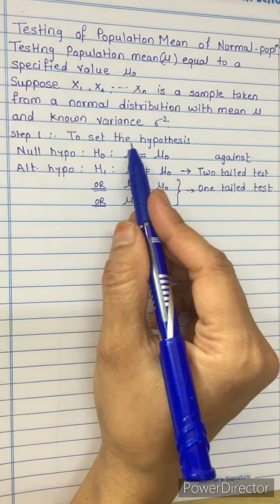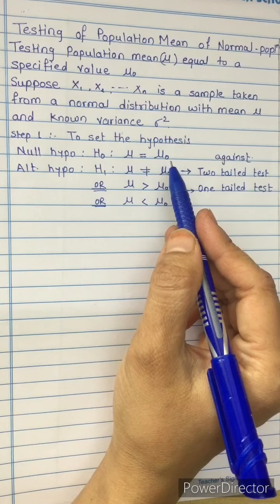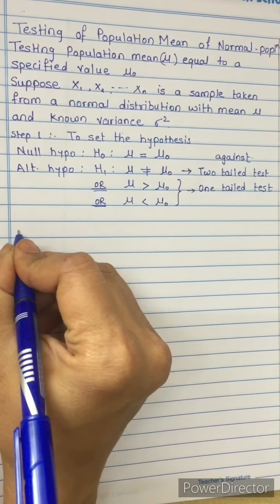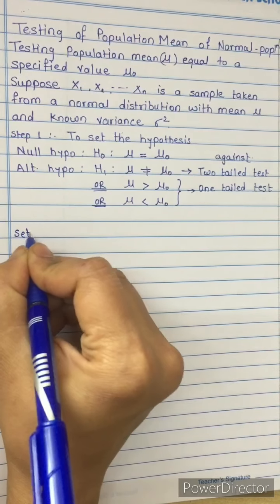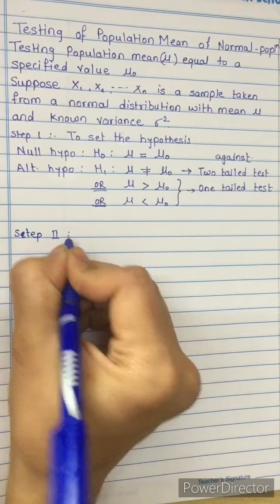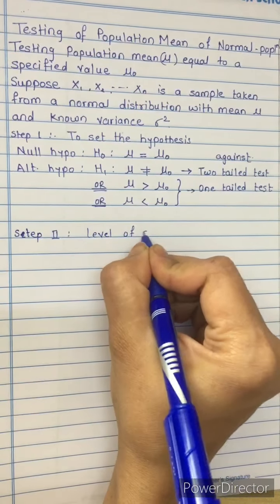So first step is to set up the null hypothesis. Second one is to consider the level of significance.